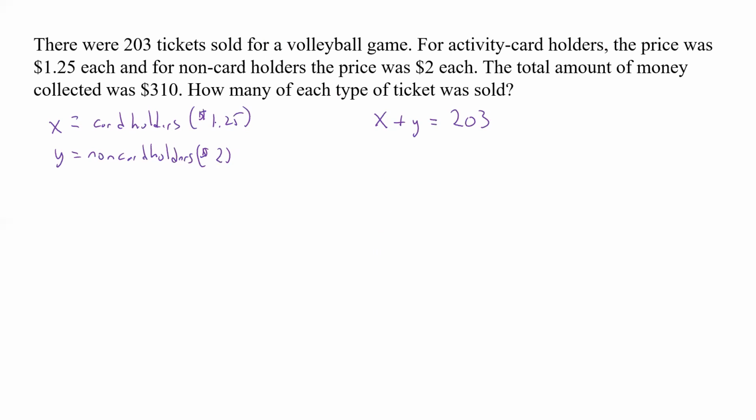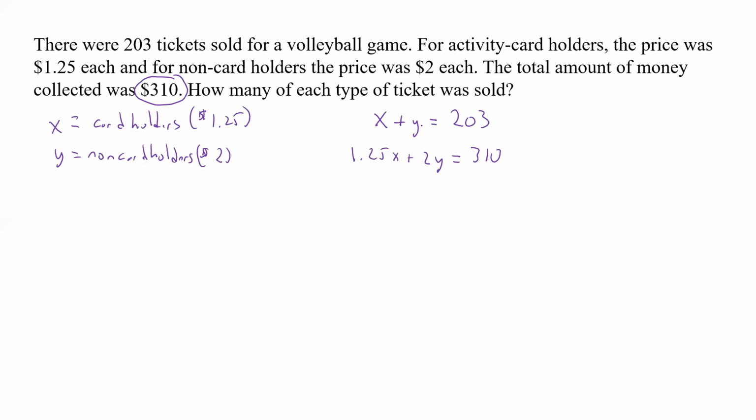Now, if I take that price times X, that price times Y, and add them together, I should get 310. So that's what I'm going to do. And that was 310. Now what I can do is solve for one of these and plug it in, or I can multiply by something and then subtract. It doesn't matter.